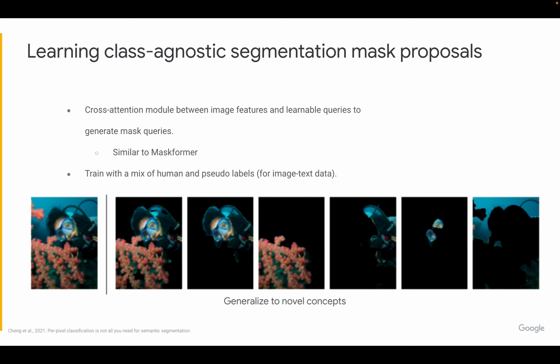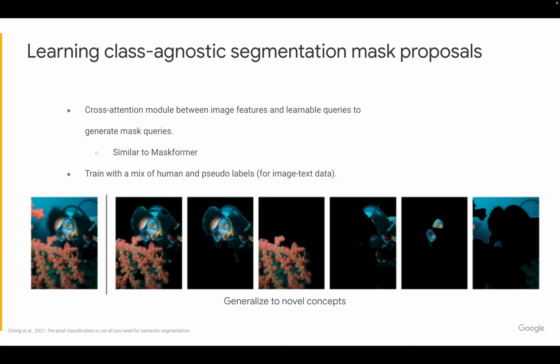So similar to ViLD, the model first learns to propose class-agnostic segmentation mask proposals for possible organizations. And here we are using a different method for the class-agnostic proposals. Different from ViLD, we don't use an RPN, but instead we use a cross-attention module between the image features and some learnable queries to generate a mask proposal for each query.